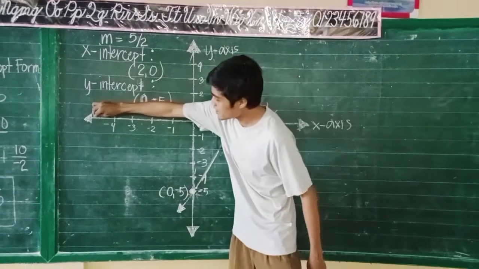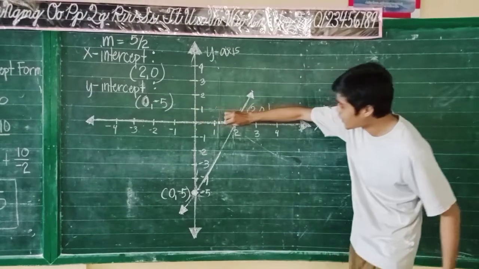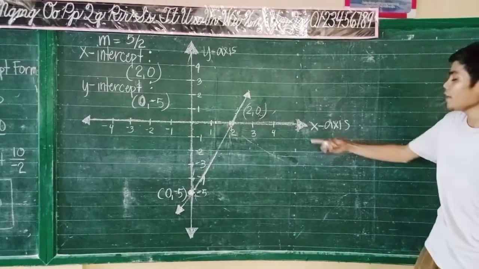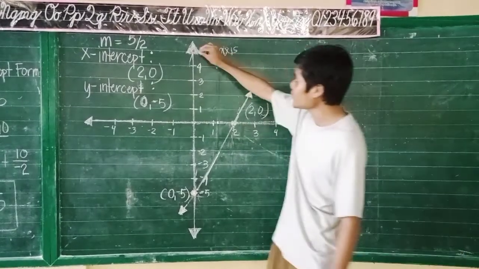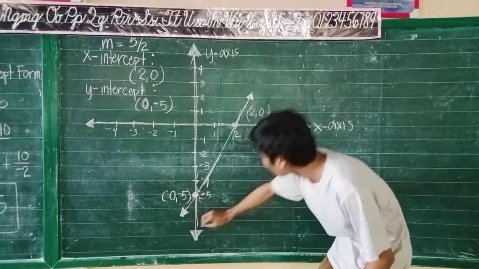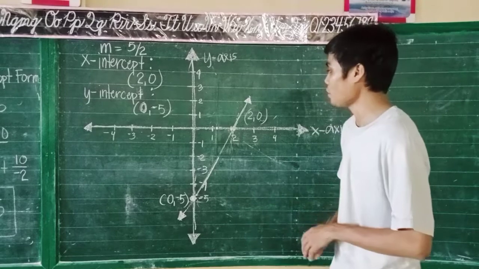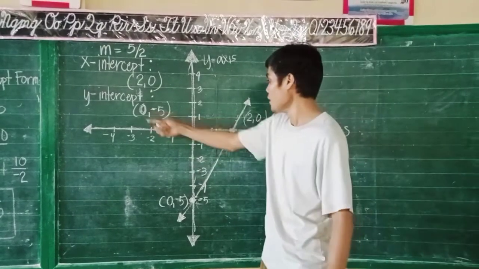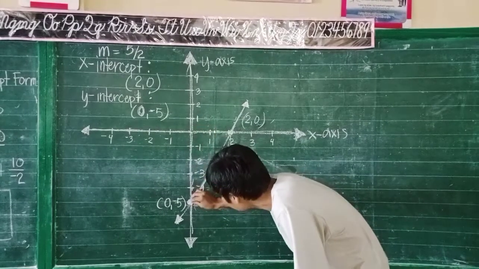So here, this line horizontally is our x-axis. And the line here vertically is our y-axis. So we would locate the points, starting with the y-intercept, (0, negative 5).